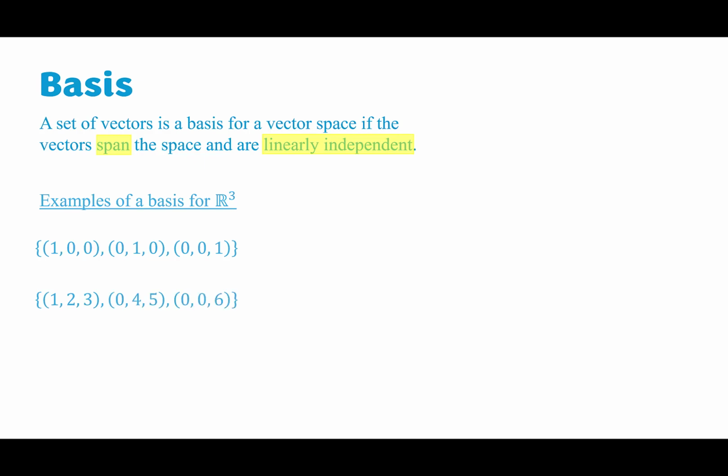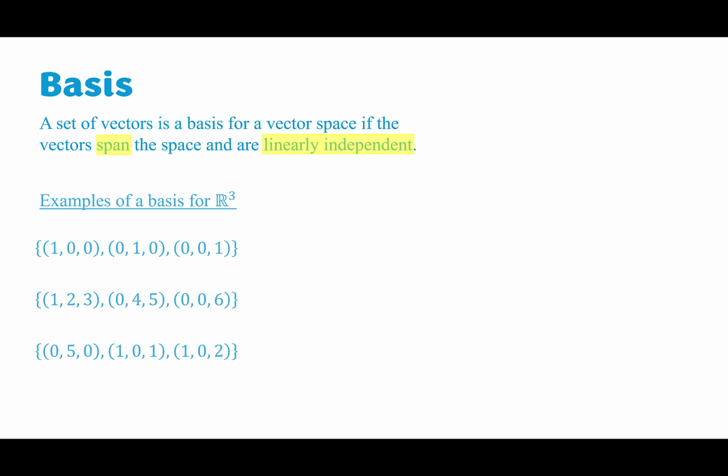Another example of a basis for R3 is those three vectors, right? And I could say the same thing. These three vectors span R3, and I'd have to prove that, but for now just accept that they do span R3, and they're linearly independent, which I'd have to prove to you too. Another set of vectors that are a basis for R3 are those, and we'd do the same thing.